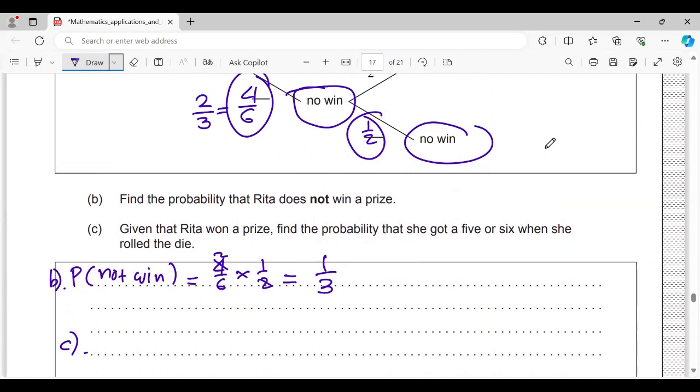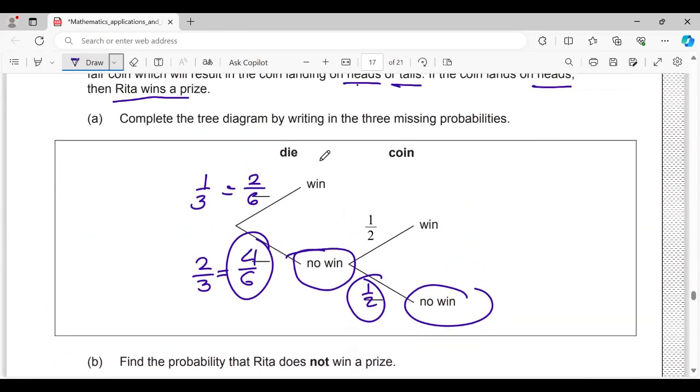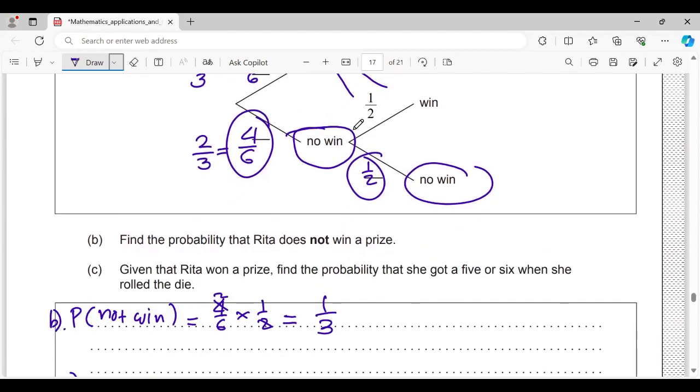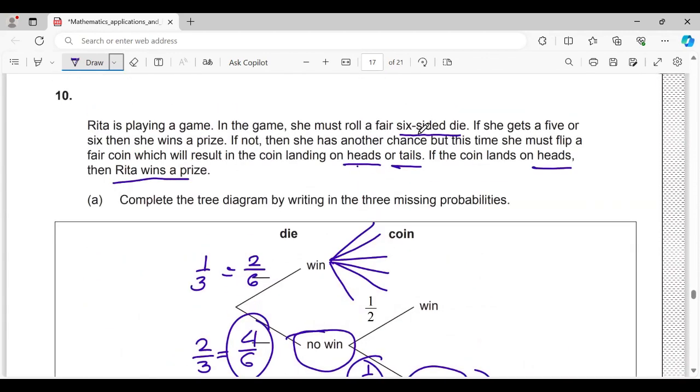If she wins, there are 6 sides, 1, 2, 3, 4, 5, 6. She wins if she gets 5 or 6.